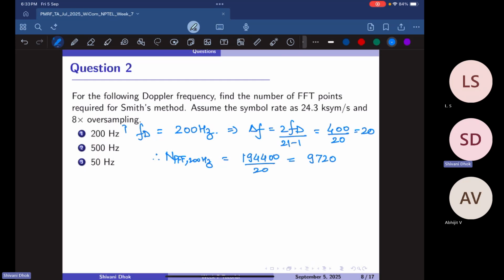Now this was for 200 hertz. Now if I have 500 hertz, then the separation in frequencies will be 2 times FT upon 21 minus 1, that is 2 times FT 1000 divided by 20, which comes out to be equal to 50.